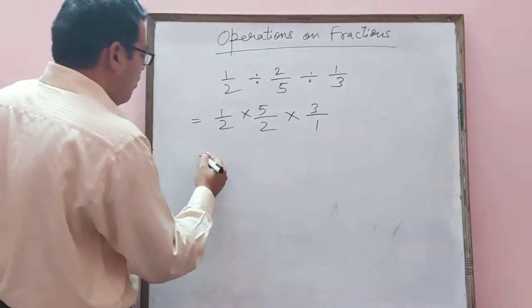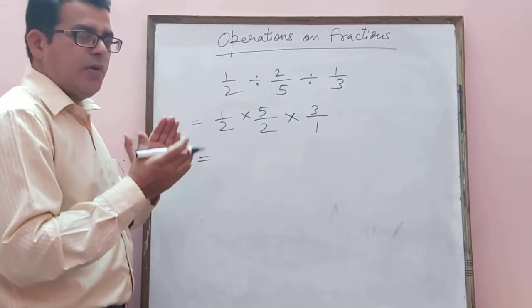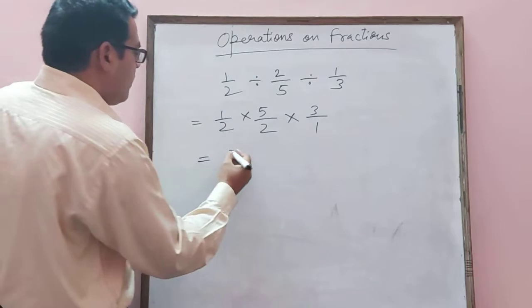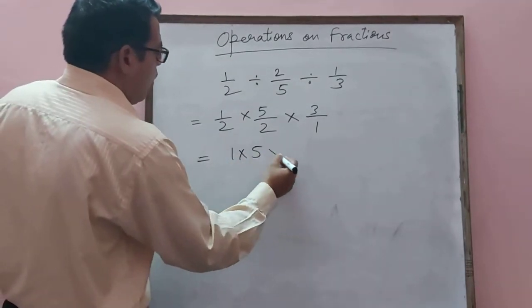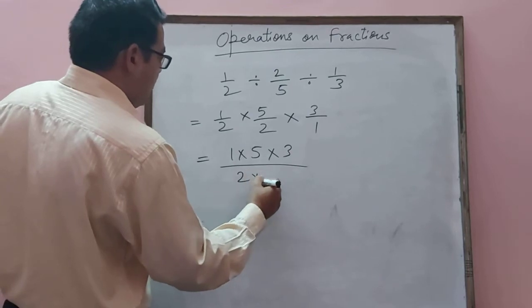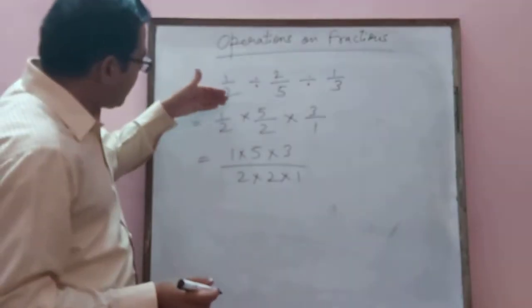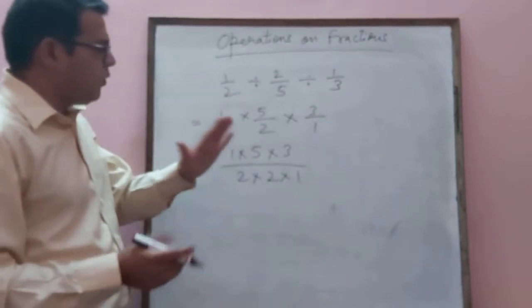Doesn't matter how many fractions you are adding, subtracting, dividing or multiplying, as per the rule of division and multiplication, we can do accordingly. So numerators we can multiply together, denominators we can multiply together.